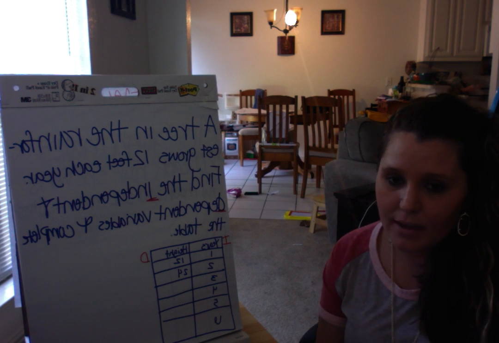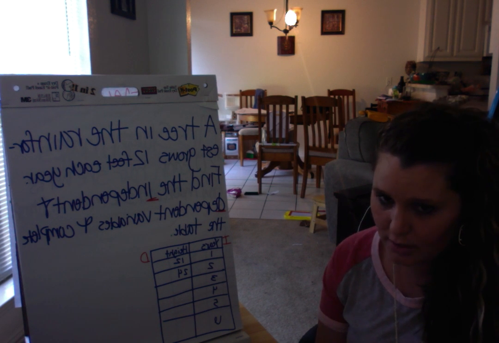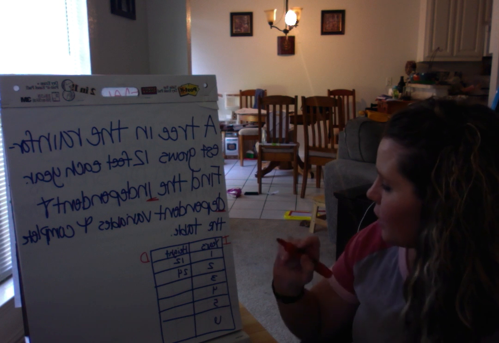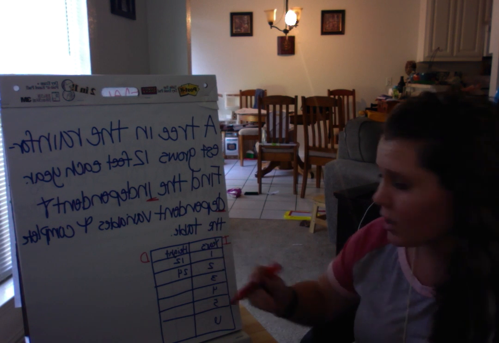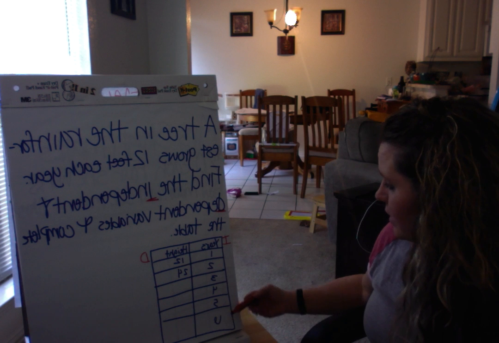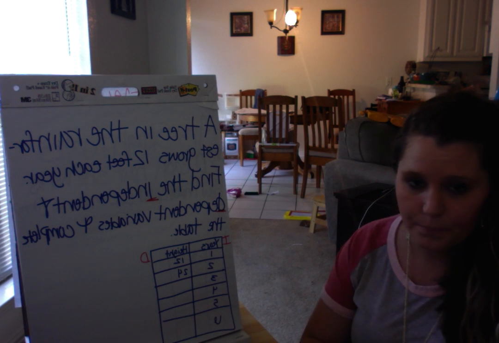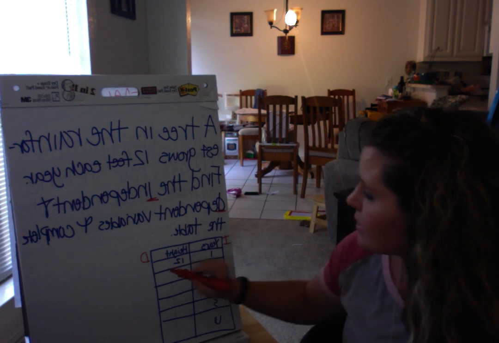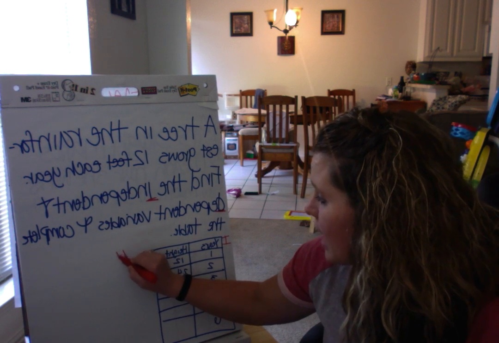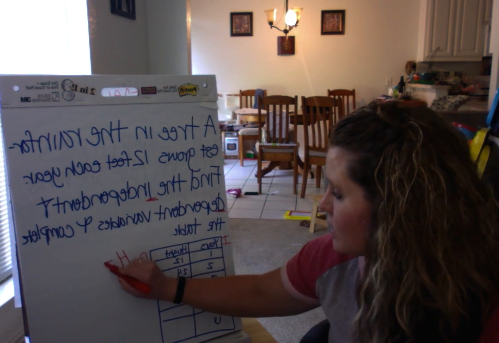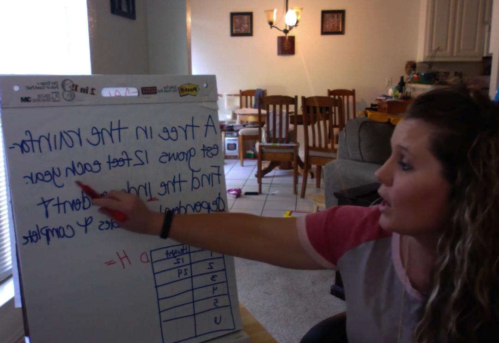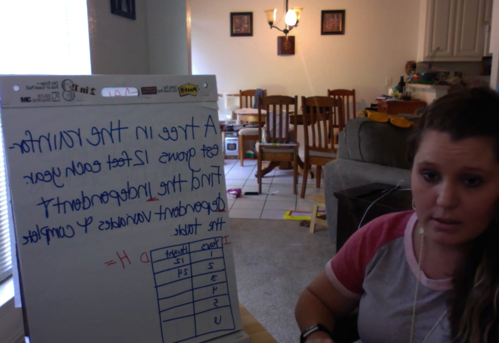There's a way we can complete our table using an equation. To create our equation, we have to figure out what we're looking for. Are we looking for the amount of years or the height? We're looking for the height. So we need to be H. H for height equals, and we know 1 year equals 12 feet, right?